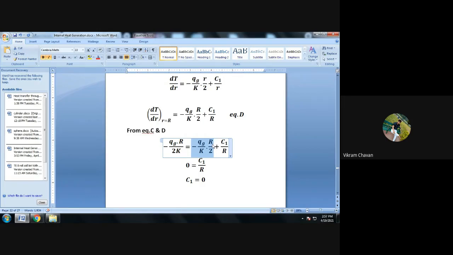The minus and plus will be cancelled. On the left side nothing will remain, so 0, and from the right hand side C1 divided by R will remain. So we get C1 is equal to 0. That is our first constant.